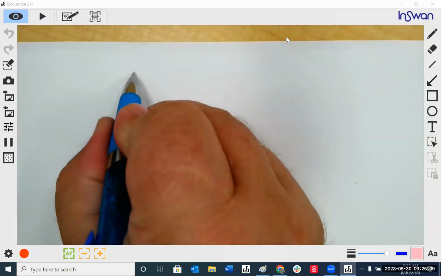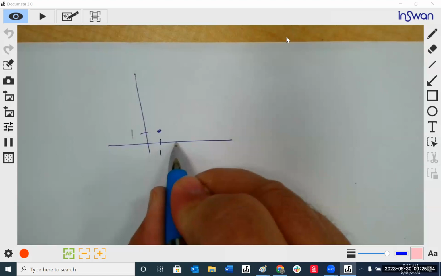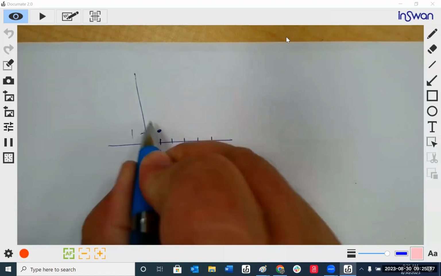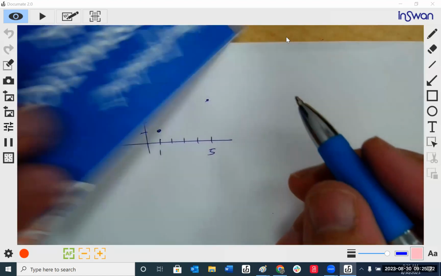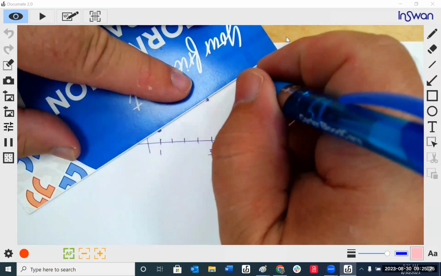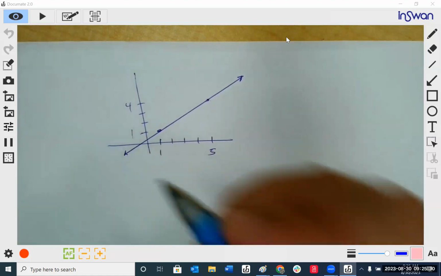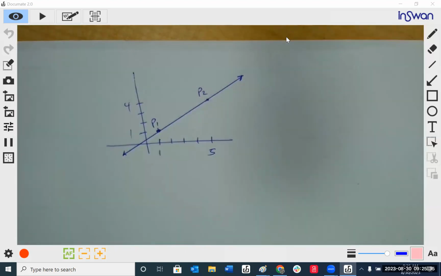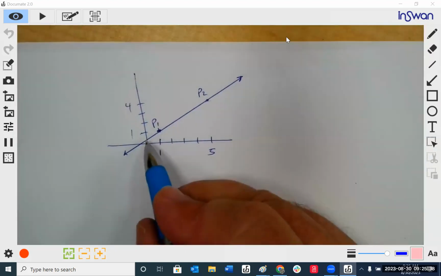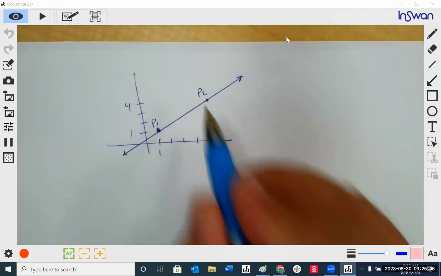There's another thing we said we could talk about. We have our graph. We have our 2 points, point 1 and point 2. So far, we know the slope of the line. We know the distance between point 1 and point 2.